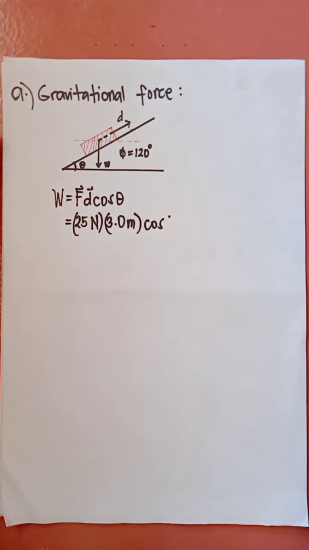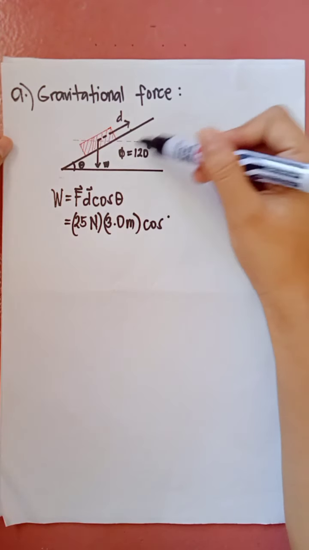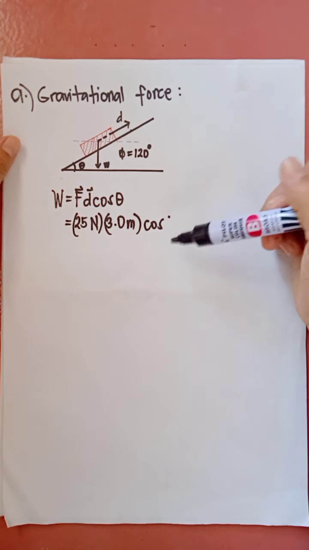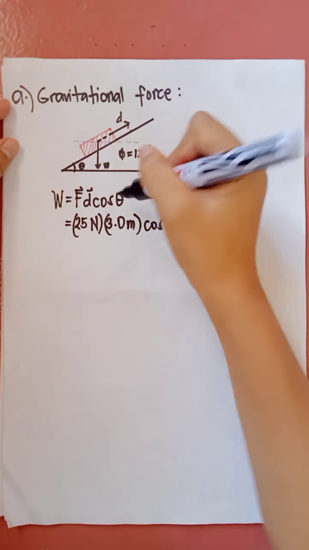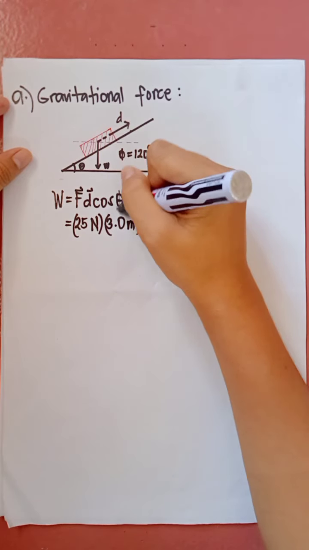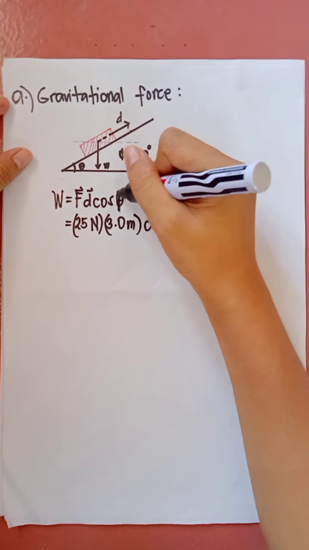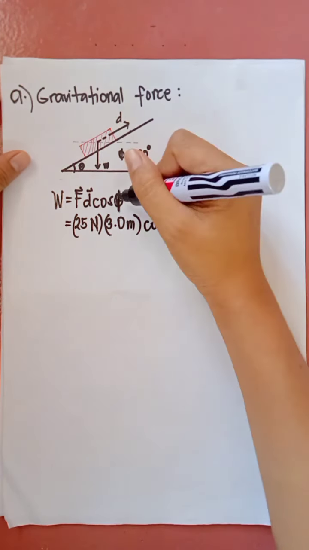Now the question here is, why is this angle here equal to 120, which is actually used in the substitution on the next step? I'm going to change this one to avoid confusion. So this is phi. Phi and theta are two different letters.